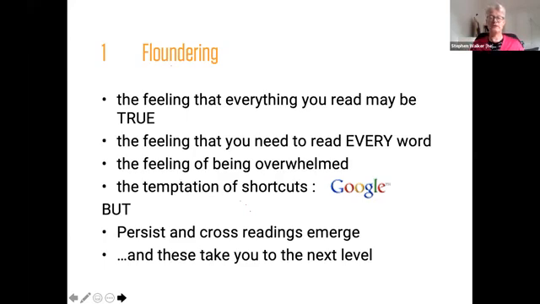You can quite quickly feel that everything that you read is true in these 10 different sources. They might disagree with each other. So you might be faced with trying to make sense of a topic that seems to have a wide variety of different opinions attached to it. That can make you feel overwhelmed, and that's something that we all go through as researchers.